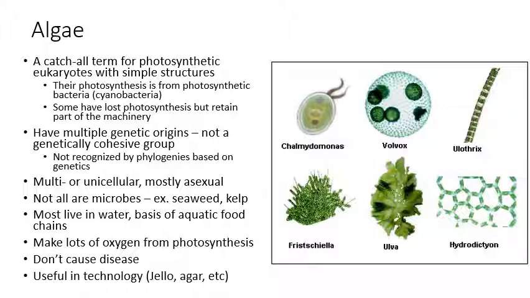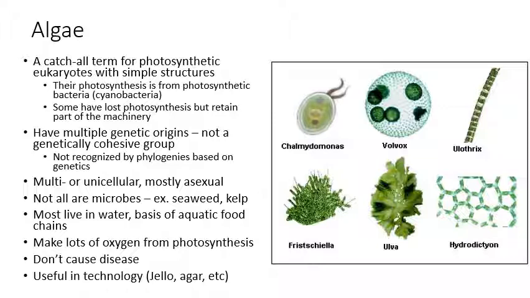They all do photosynthesis and have different simple structures. So that's not a genetically cohesive group, which means the algae are not all closely related to each other by evolution. And again, at some point, it's possible this grouping could not be used anymore if it becomes more obsolete.